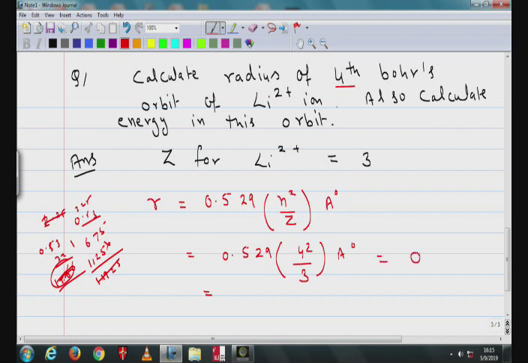So this one will be 0.529 into 16 by 3. I think the answer would be then, yeah, the answer will be 2.81. Absolutely right. Who has got the 2.81 answer? Radius will be 2.81. Absolutely right.